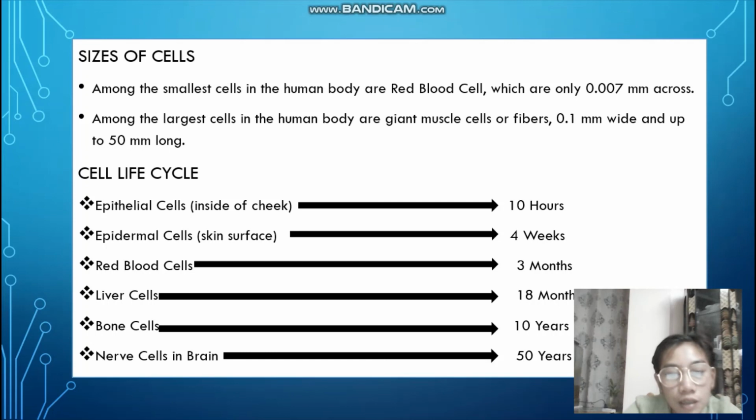Bone cells have 10 years, but the longest lifespan is that of the nerve cells in the brain, which have a lifespan of about 50 years or more. And those are the different lifespans of the cells in the human body.